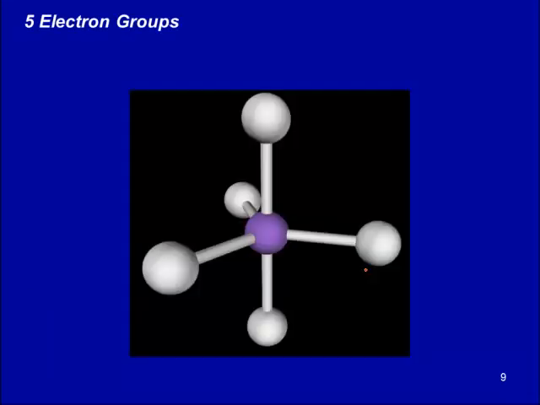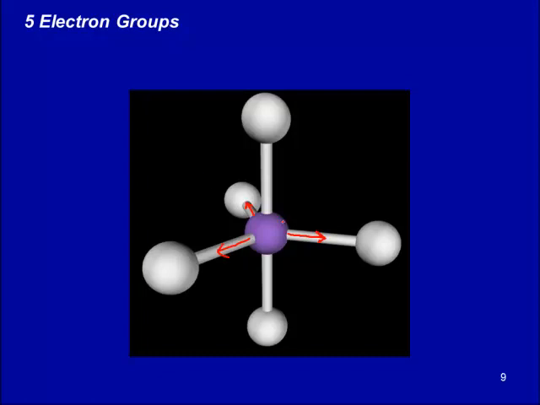So now let's take a look at the 5 electron groups. If you have the 5 electron groups all connected with surrounding atoms, you will have this picture. As you can see, this is an equilateral triangle. You have 2 of them going perpendicular through it. And if all the surrounding atoms are the same, hence each individual bond polarity is the same.